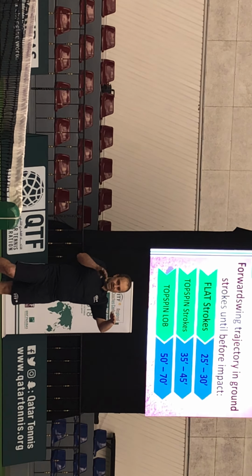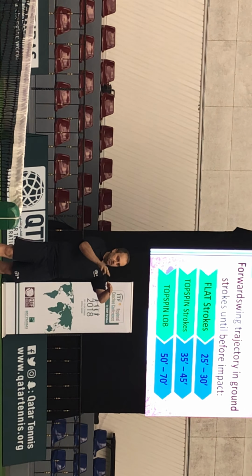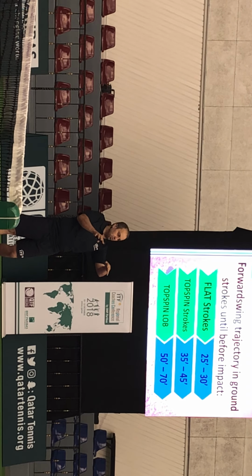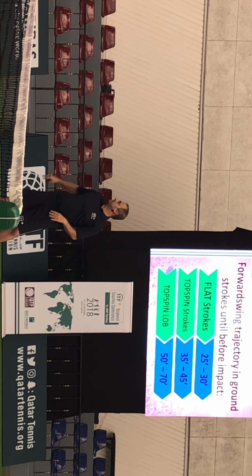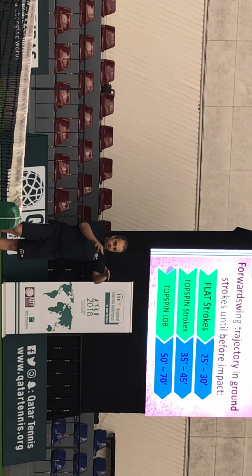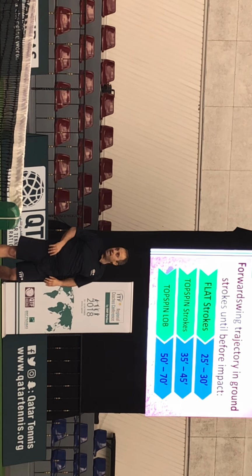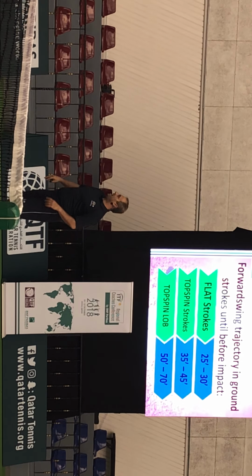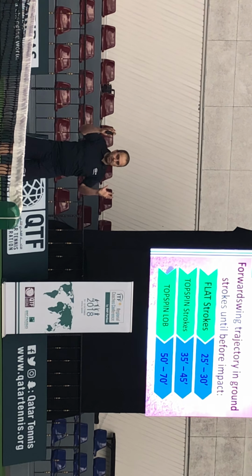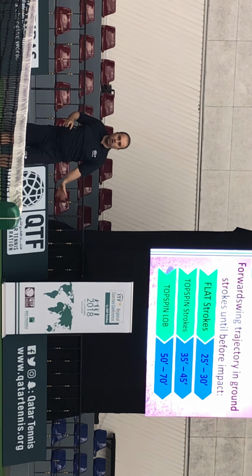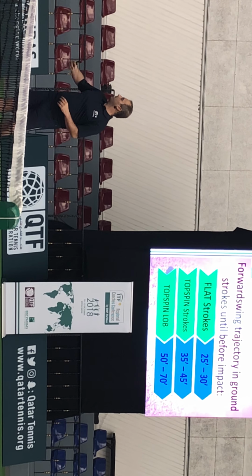So this angle is the racket angle before hitting a flat forehand or a flat backhand. The second one is the range for a topspin forehand or a topspin backhand. And the third one is the acceptable range for a forehand lob and a backhand lob.